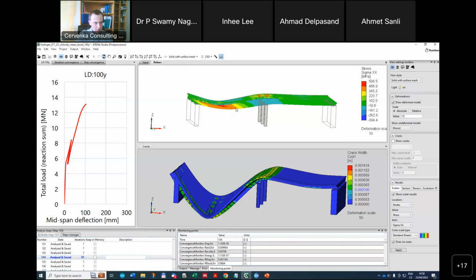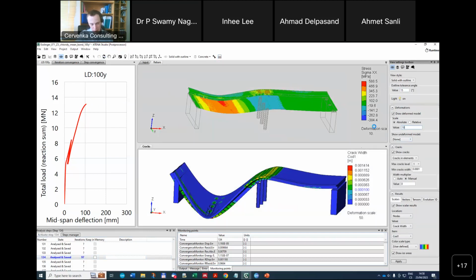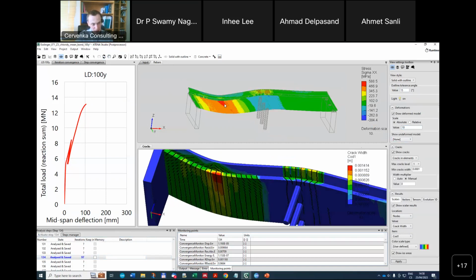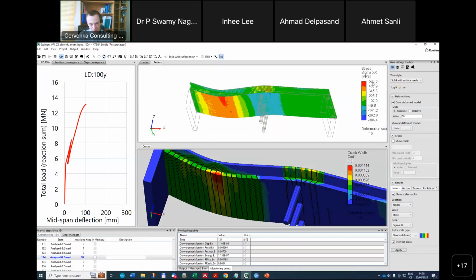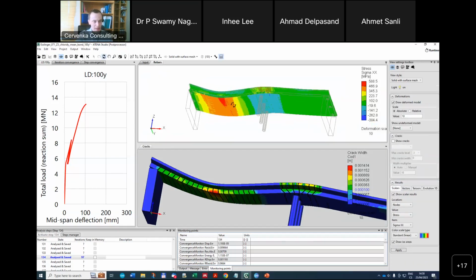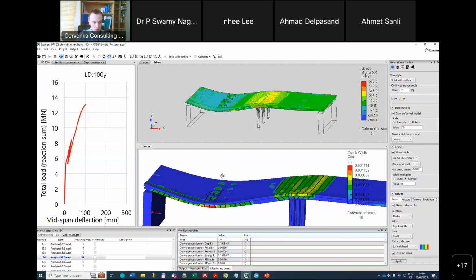So in here we can see the beginning of the yielding of the reinforcement in the midspan. We can see large cracks forming in this region. Now they are about 1.4 millimeters in this region, and the stress in the reinforcement exceeds the yielding point, which is here defined as 550 megapascals. So at this point, we are approaching the load bearing capacity.